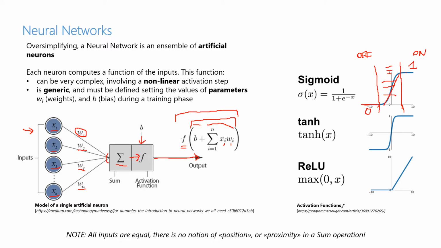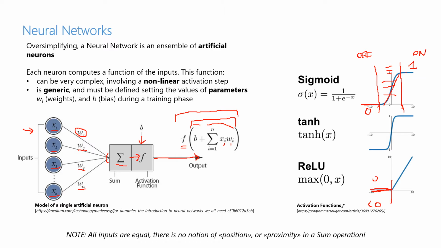If we look at the bottom, we have another nonlinear function which is called the rectified linear unit, or ReLU, and this has two areas in which it has two different behaviors. If the x is less than 0, then the value of the function, so the output of the neuron, is always 0.